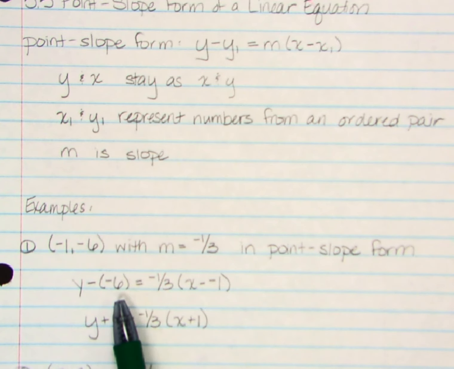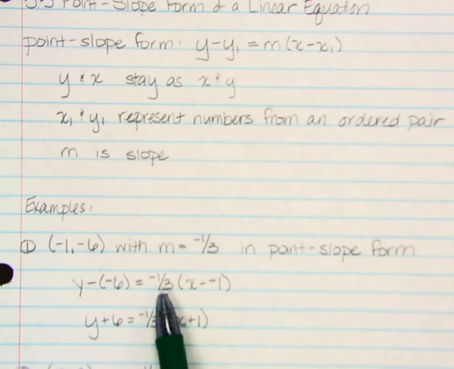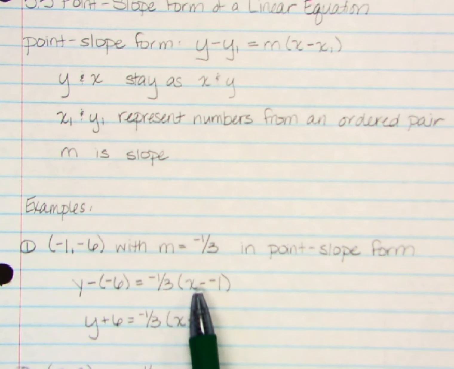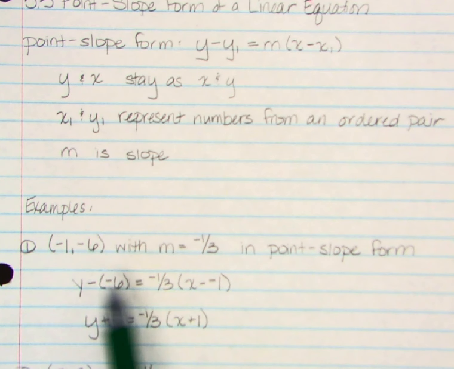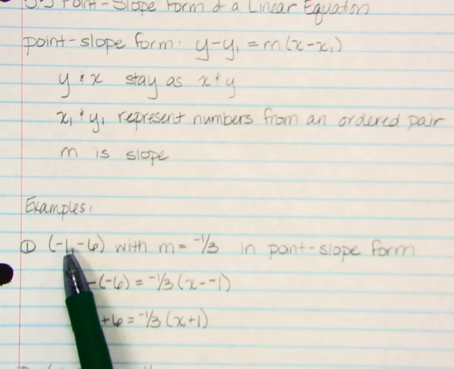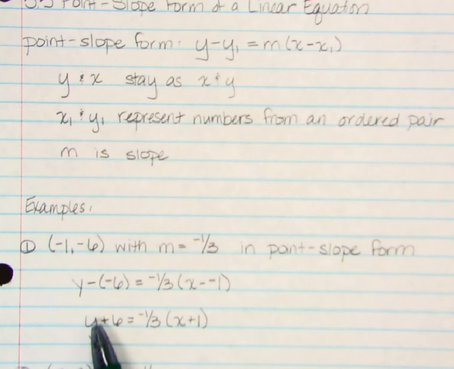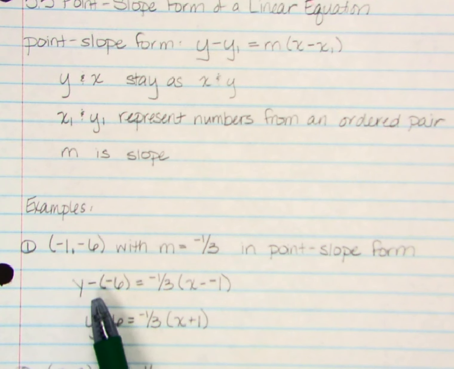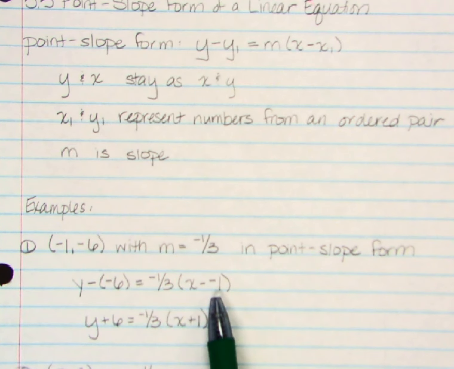So then we put in -6 for y equals the slope times x minus x1, which is this -1 right here. So then the only simplifying we need to do is to double sweep this minus a negative and make it a positive, and same with this one right here, minus a negative, and make it a positive. So in point slope form, we have y plus 6 equals -1/3 times x plus 1.